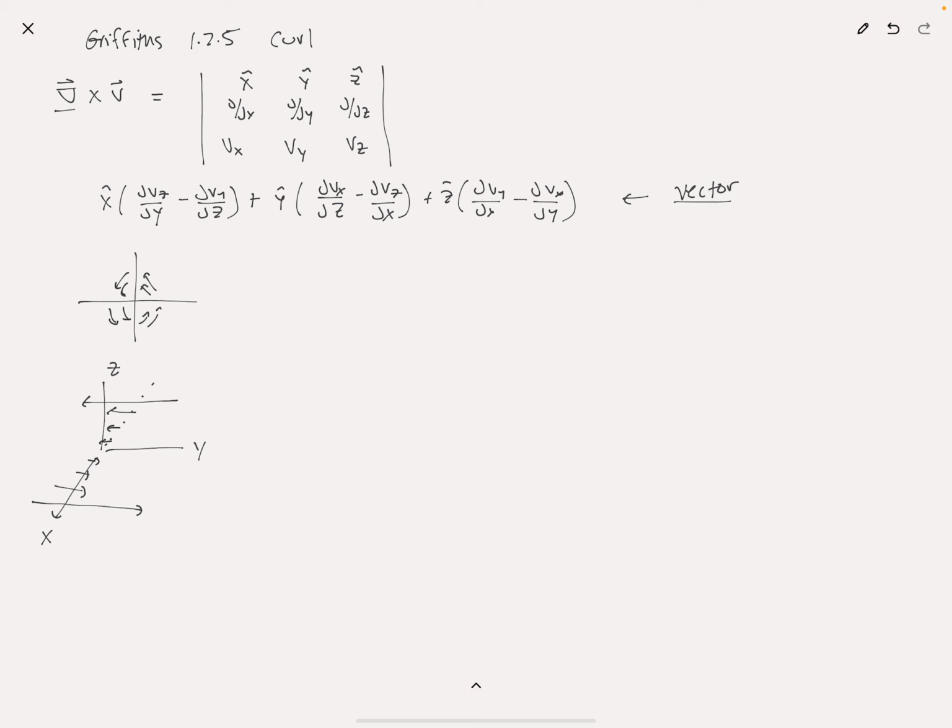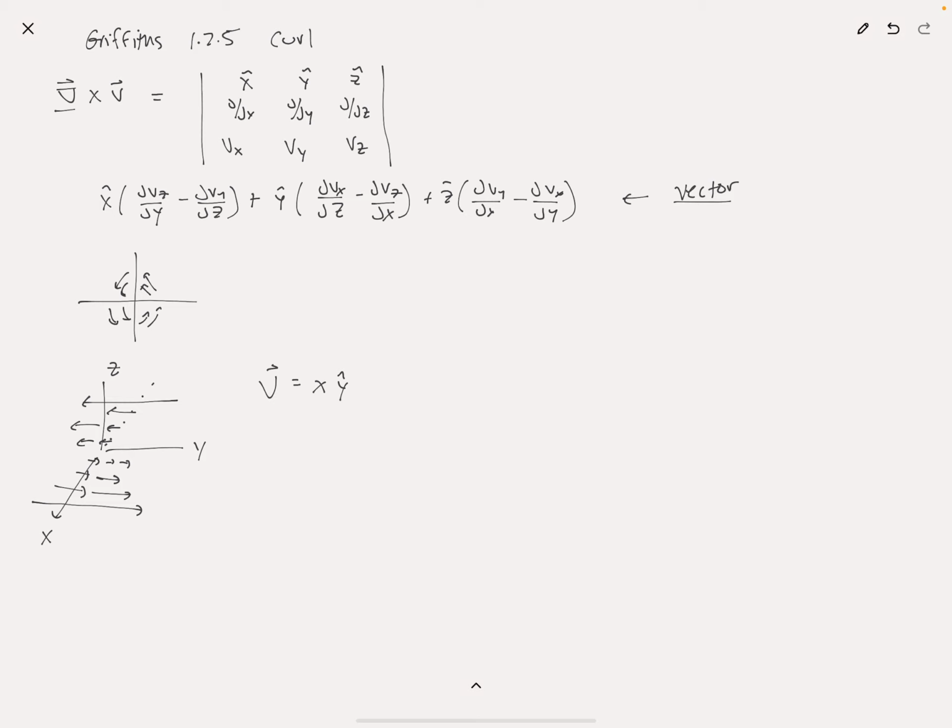All right, and that exists over all space. I'm not going to draw all the vectors. So let's assume that this vector field can be written as v equals x in the y hat direction. All right, it gets bigger in x and it's pointed in the y direction.